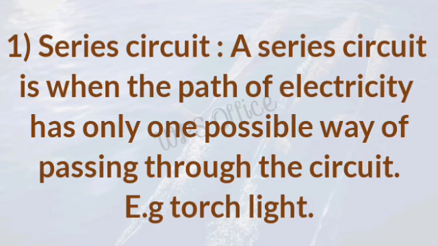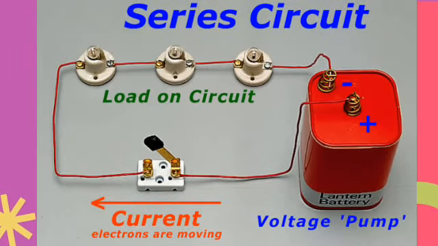A series circuit is when the path of electricity has only one possible way of passing through the circuit. For example, a torchlight is an example of a series connection. This is a picture showing a series circuit connection. You can see the battery is connected to the switch while the other part is connected to the bulbs. Electrons flow in one path.